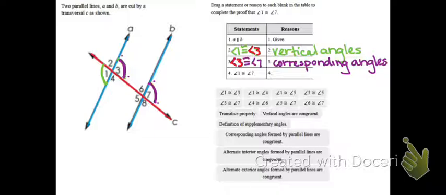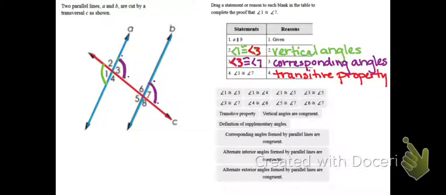Line 3 is saying that angle 7 is congruent to angle 3. So angle 1 and angle 7 are both congruent to angle 3. That means that angle 1 and angle 7 must be the same measure. Why is that? That's because of the transitive property. So this would be my proof.